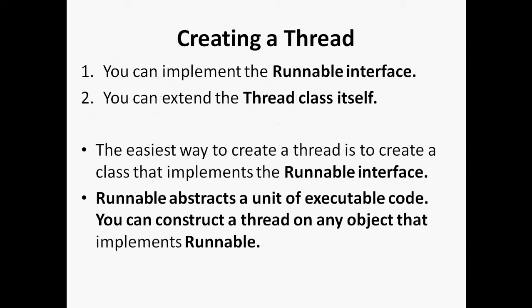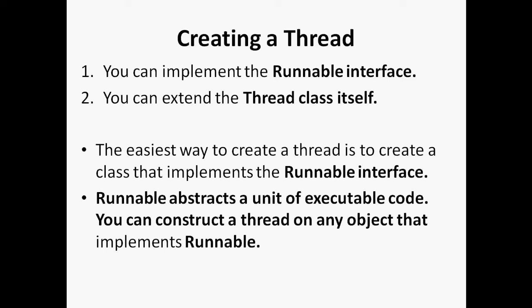For creating a thread there are two methods. You can use either of the two ways to create a thread. One is to implement the Runnable interface, the second one is to extend the Thread class itself. The easiest way to create a thread is to create a class that implements the Runnable interface. Runnable is an interface that contains everything related to the thread.